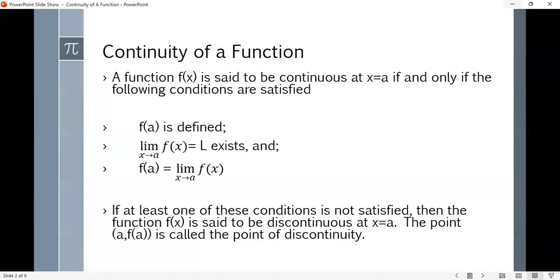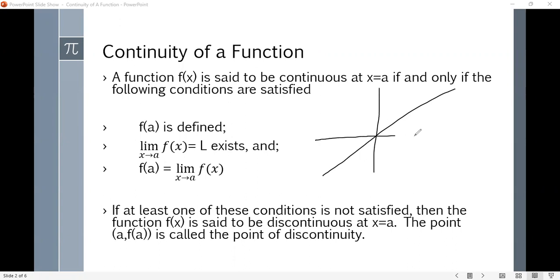So ano nga ba yung continuity? So for example, annotate lang dito. For example, meron tayong function dito. Nasabi daw na continuous yung function natin at a certain x value.